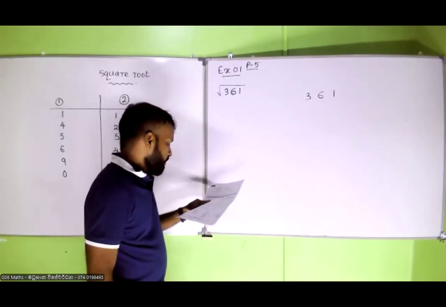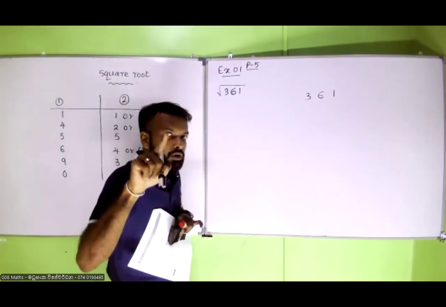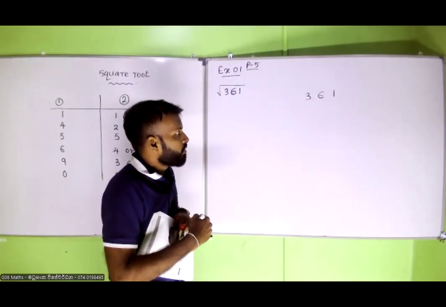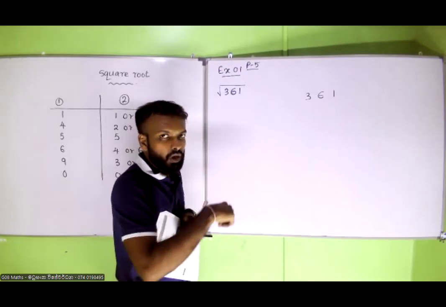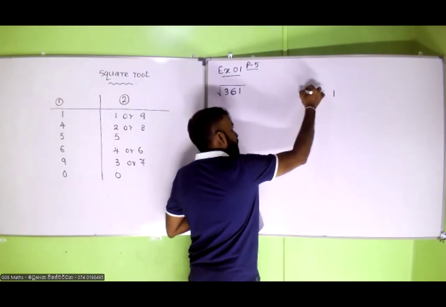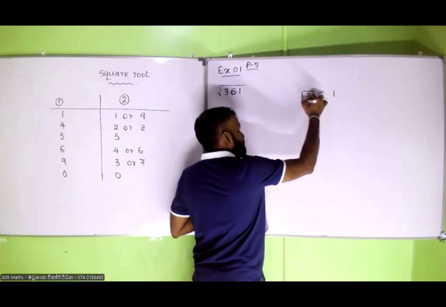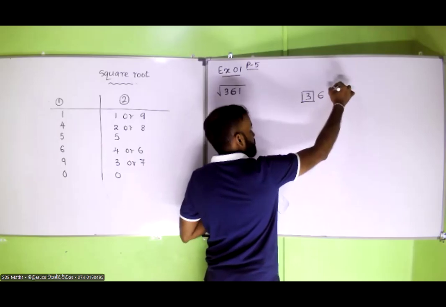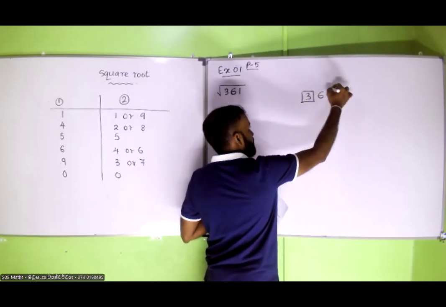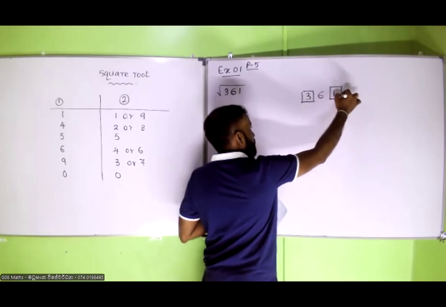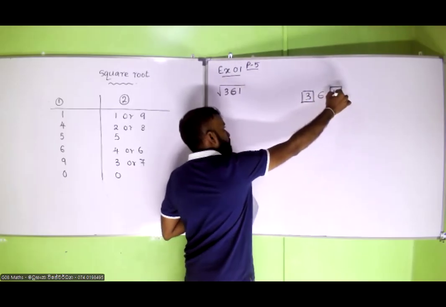Now I am going to draw two squares, or rectangles, for the hundreds place, the first digit, and the last digit of this number. I am going to cover them like this.